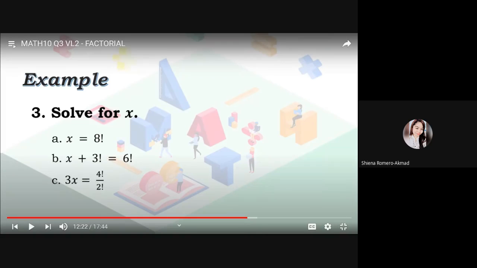How about for solving for x? Letter A. Ano kayang answer dyan? Solve for x. Yung value ng variable x.